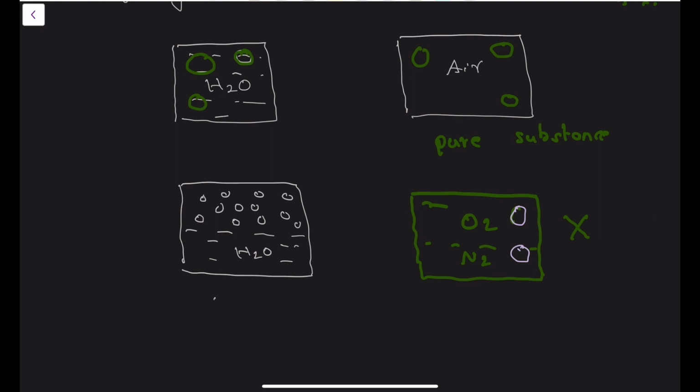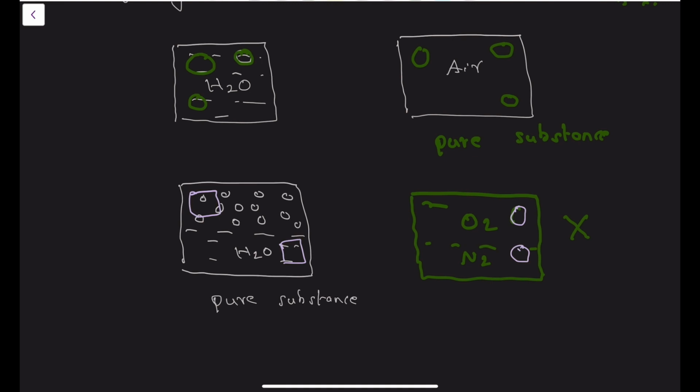You can see that this is a pure substance, because if you take a sample here and here, the chemical composition is the same throughout. One is in liquid form, the other is in vapor form. So this is all about pure substance.